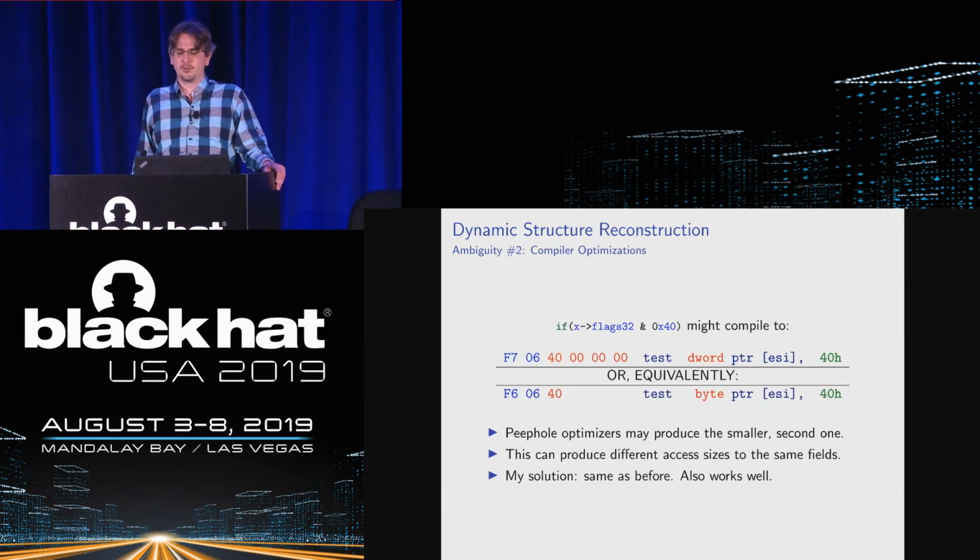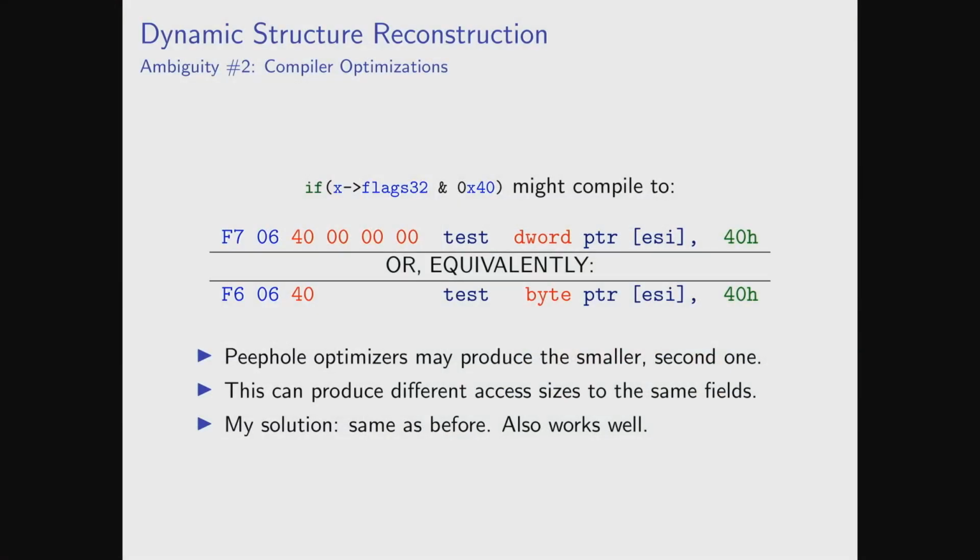Another issue has to do with compiler optimizations. Here again, we're assuming there's a 32-bit integer contained within a structure, and here we're testing it against the 32-bit constant, 40 hexadecimal. So the natural way to implement that in assembly language would be the topmost assembly language instruction, which is treat that location as a DWORD and encode a DWORD size constant as the last 4 bytes of the instruction.